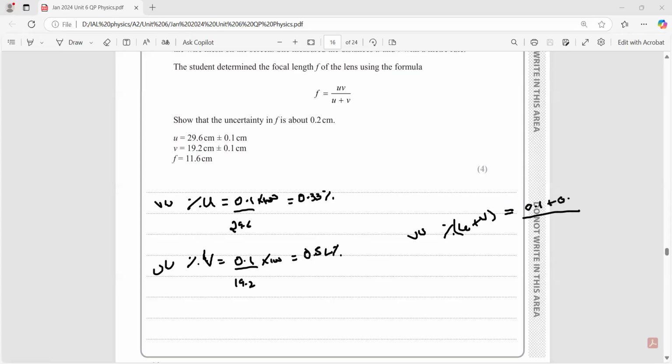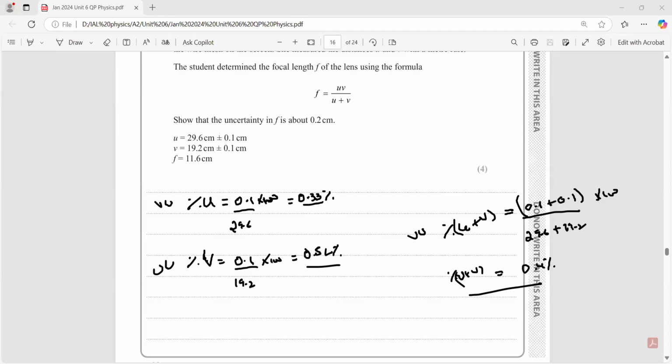So this will be 0.1 plus 0.1 divided by the value of U plus V, 29.6 plus 19.2, into 100. That gives us the percentage uncertainty in U plus V, which is 0.4%.